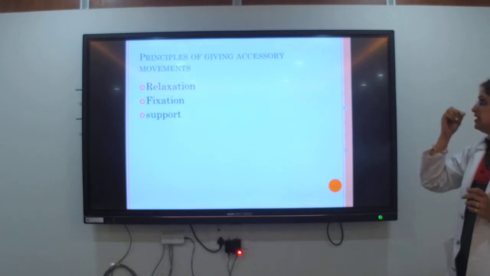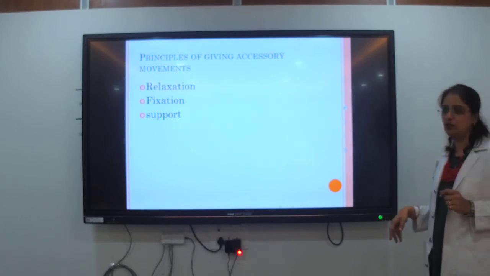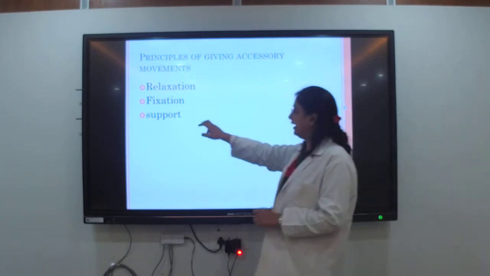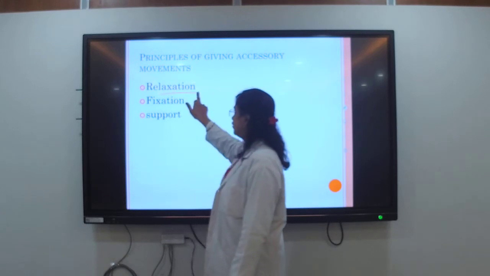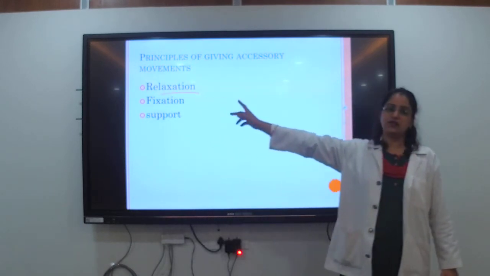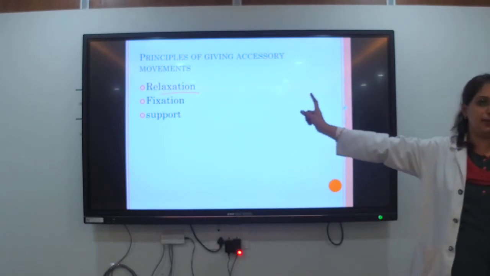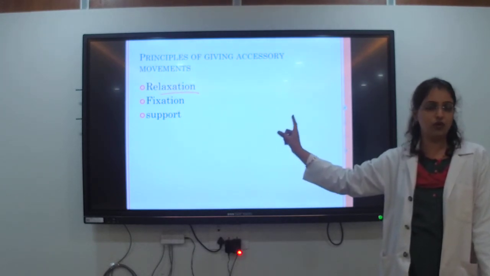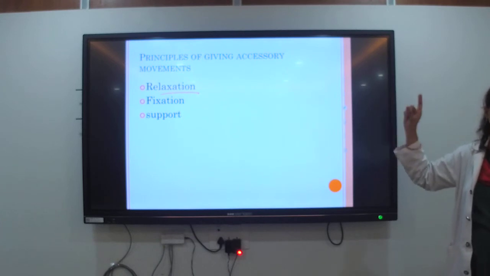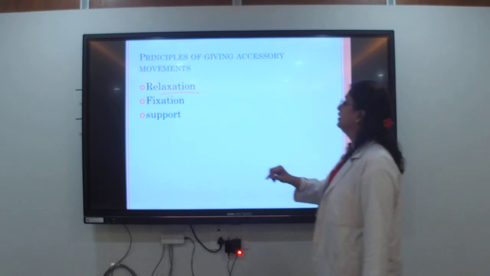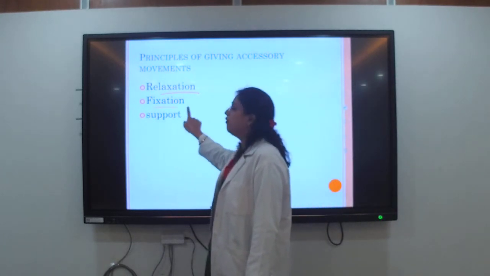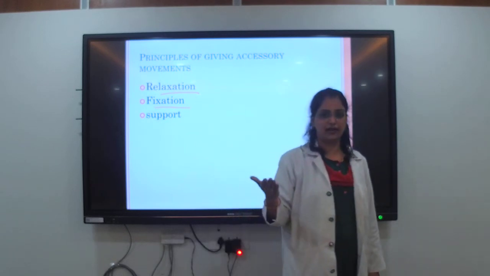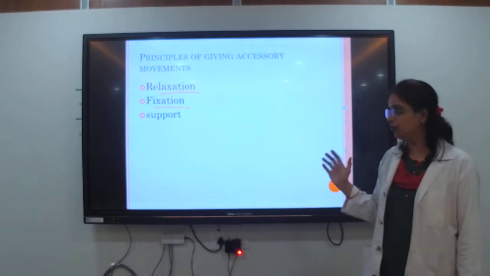The principles of these accessory movements are again relaxation. Here also you have to give a brief explanation to the patient and gain the patient's confidence. Then again you have to fix the proximal part, same as in relaxed passive movements.